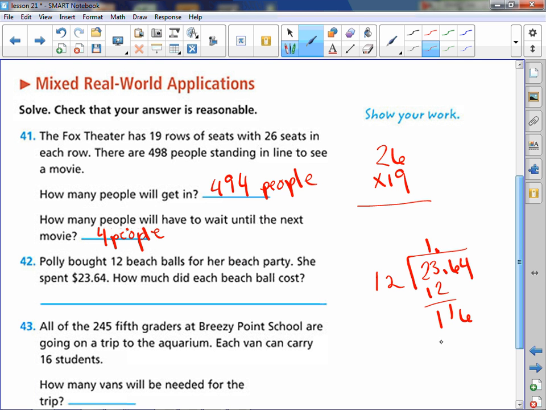Well, if I did it any more than 9 times, it probably wouldn't work. So 12 times 9 gets me 108. Subtract out. 116 minus 108 is 8. Bring down my 4. Okay, and then 84 divided by 12 is 7. So each will cost $1.97.